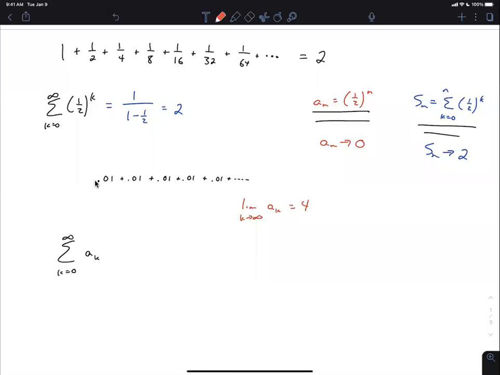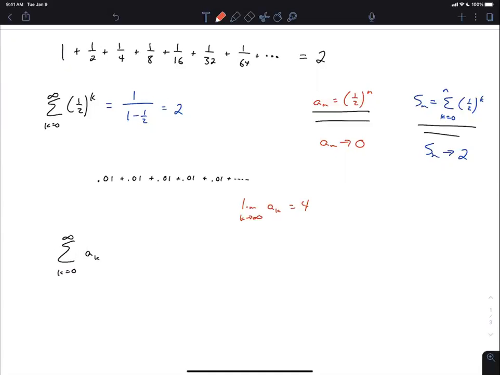So the things you're adding approach 4. In the long run, you're doing 4 plus 4 plus 4 plus 4 plus 4 forever. If this is true, what's the sum?